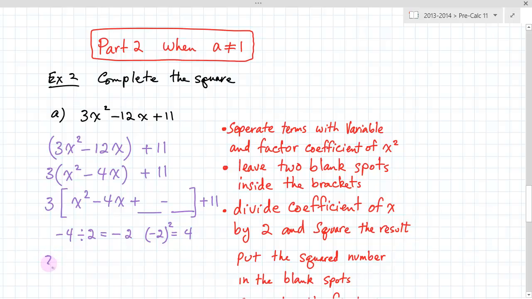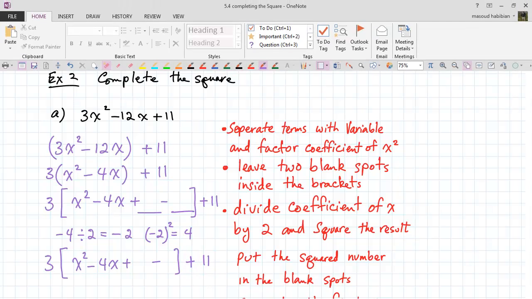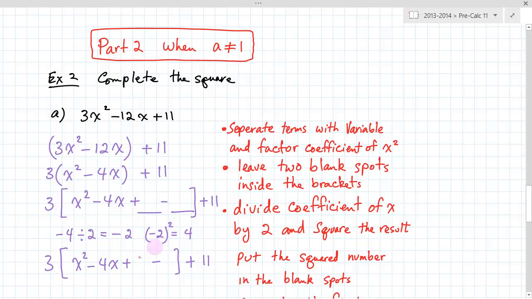So this is 3 times [x squared minus 4x plus 4 minus 4], square brackets closed, plus 11. By adding and subtracting 4, I'm not changing anything. I'm just changing the form of it.